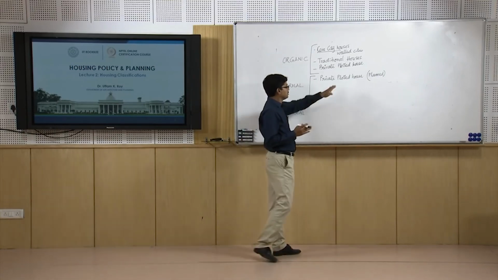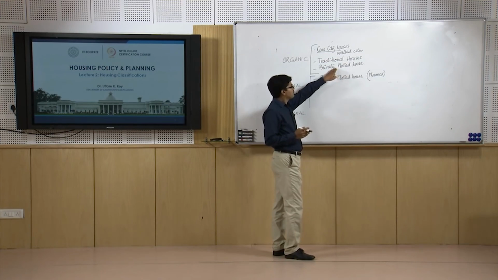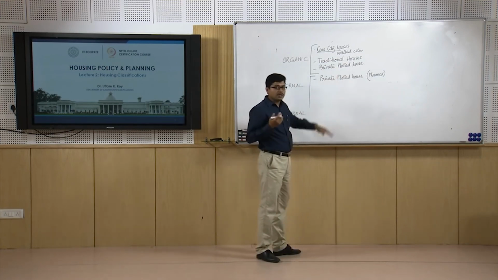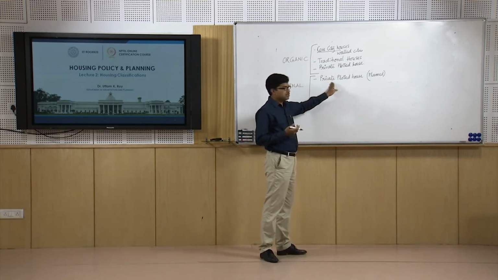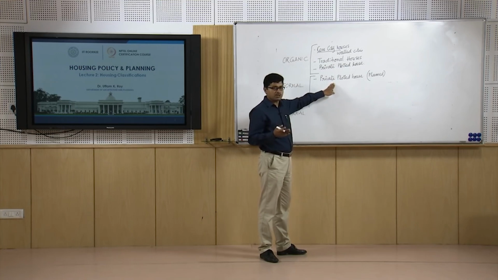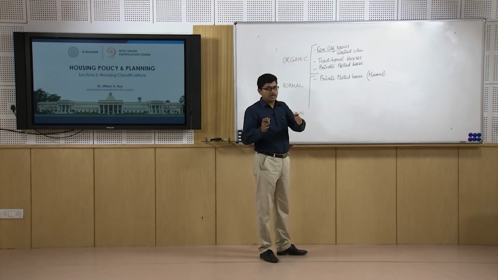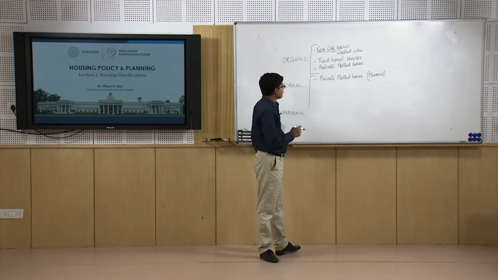The difference between this private plotted house and the organic one is that the organic private plotted house comes only with the house. Sometimes they lack the basic infrastructure, but in this case, since this is a formal supply of the house by the government, these houses come with a proper land plot and the basic infrastructure, and people come and make their houses.